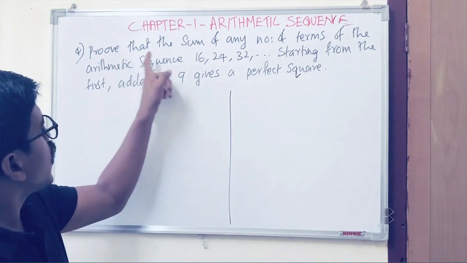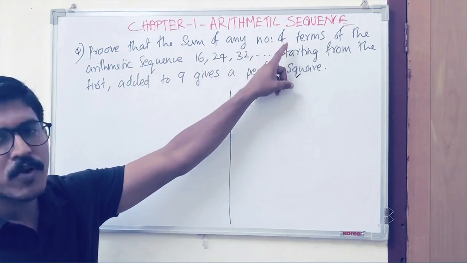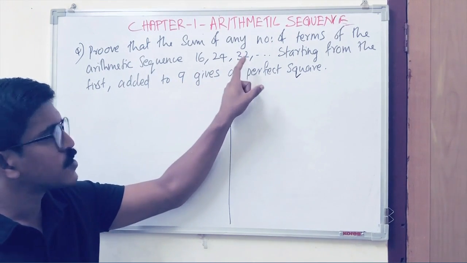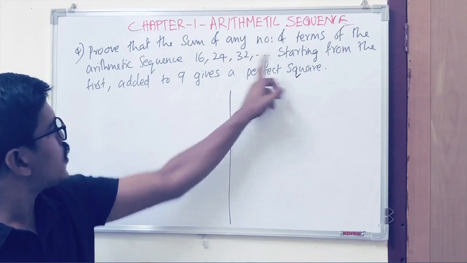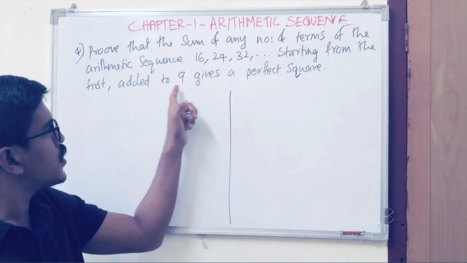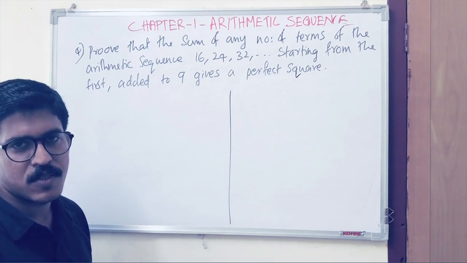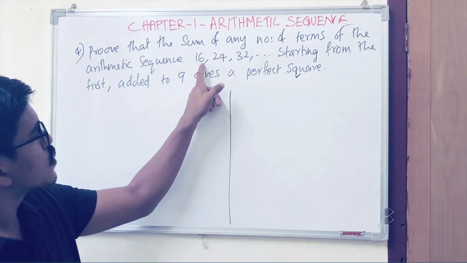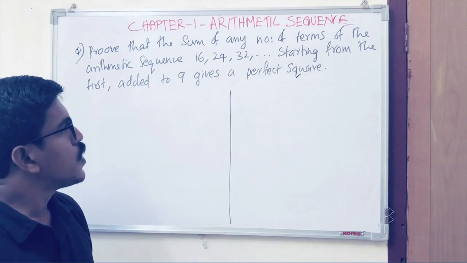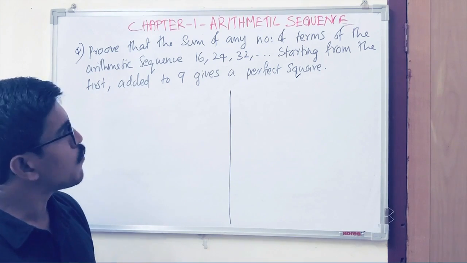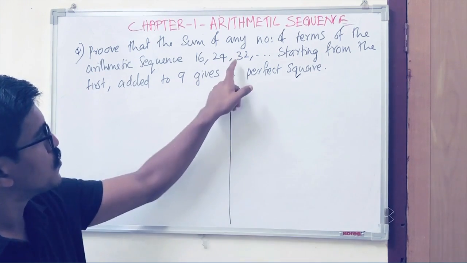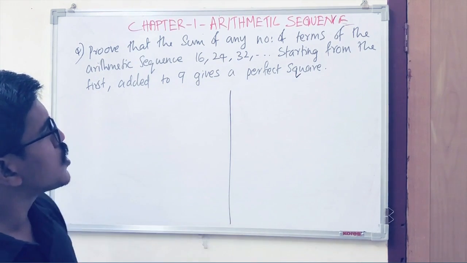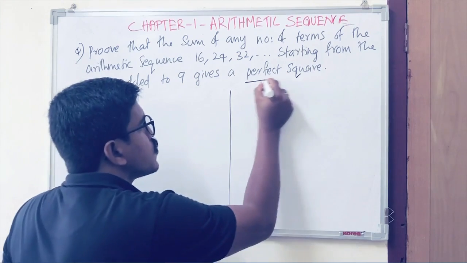Here you can see the question: prove that the sum of any number of terms of the arithmetic sequence 16, 24, 32, and so on, starting from the first, added to 9 gives a perfect square. If we take the sum of any number of terms of this sequence and add 9, we need to check whether the answer is a perfect square.